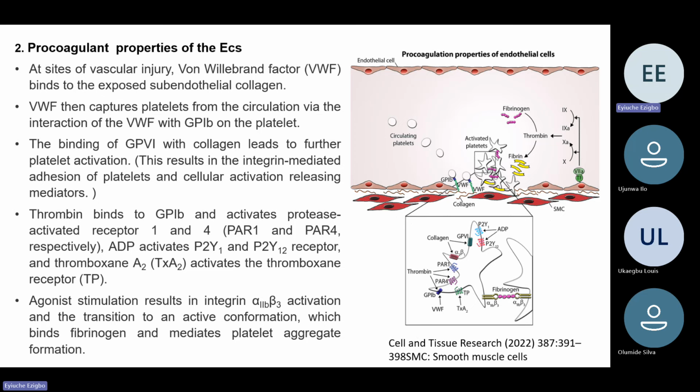At the site of vascular injury, von Willebrand factor is released from its storage sites called Weibel-Palade bodies, when activated by vasoactive agents such as thrombin. Von Willebrand factor is a large multimeric protein that is necessary for platelets to adhere to exposed subendothelial collagen in arterioles.